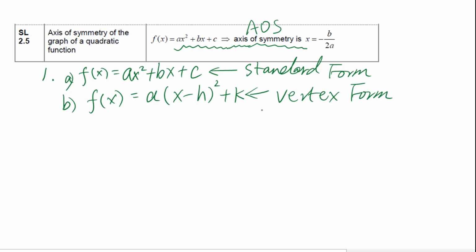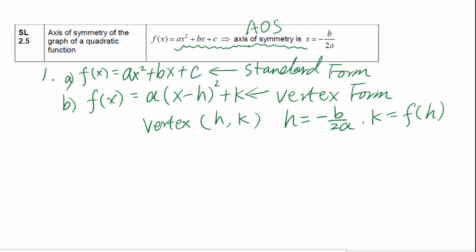Vertex form, which means we can get the vertex. That's its (h, k). This h equals negative b over 2a, and k equals f of h.